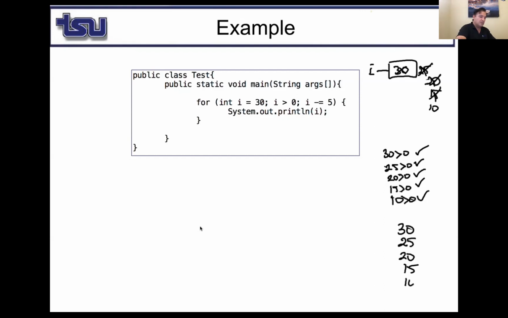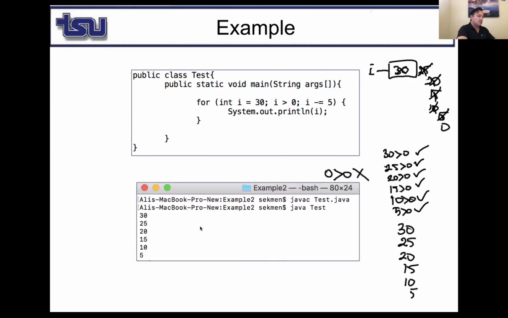I print 10. This becomes 5. Condition becomes 5 bigger than 0, which is true. I print 5. And this becomes 0. Then I check the condition again. This time, the condition is 0 bigger than 0, which is not true, and I'm done. So it will print 30, 25, 20, 15, 10, and 5.